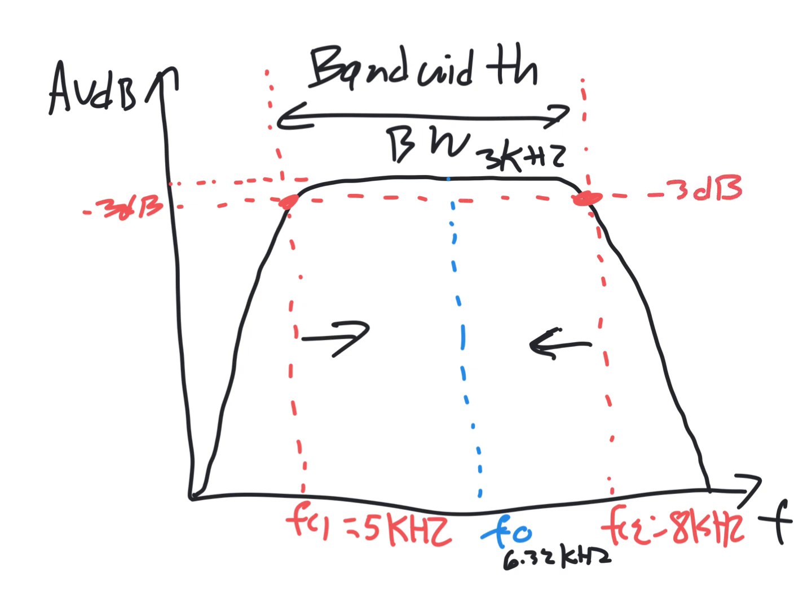So if the gain in the passband was 10 dB, then this would be 7 dB. And again, we could say the FC2 is at 8, the bandwidth is at 3, so we move that way, so the bandwidth is going to increase.